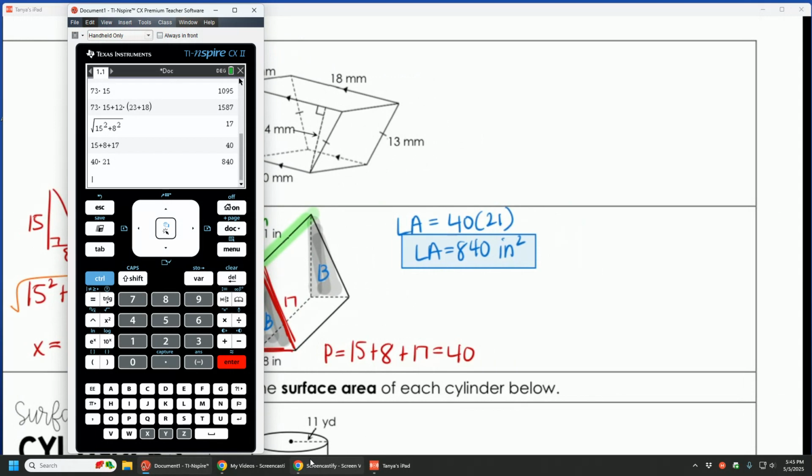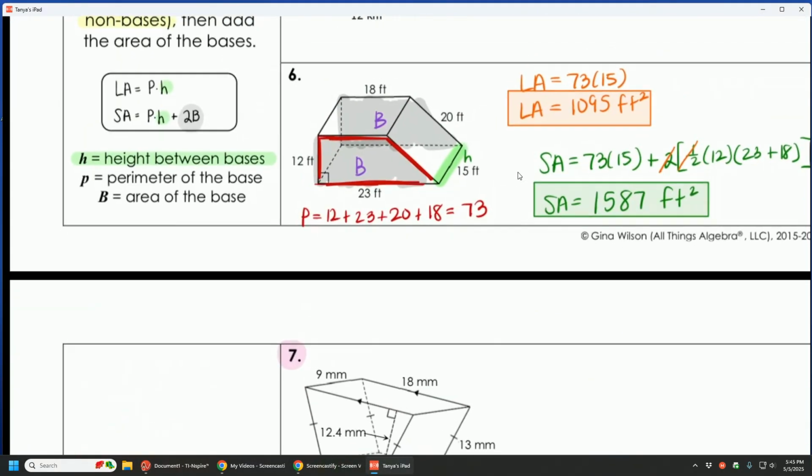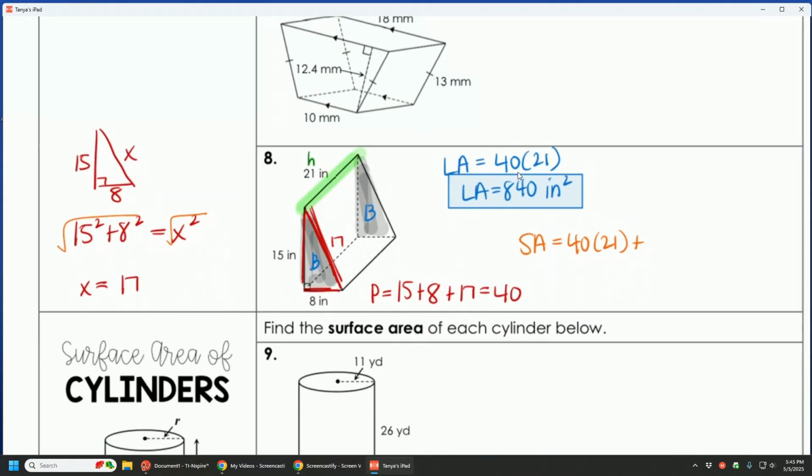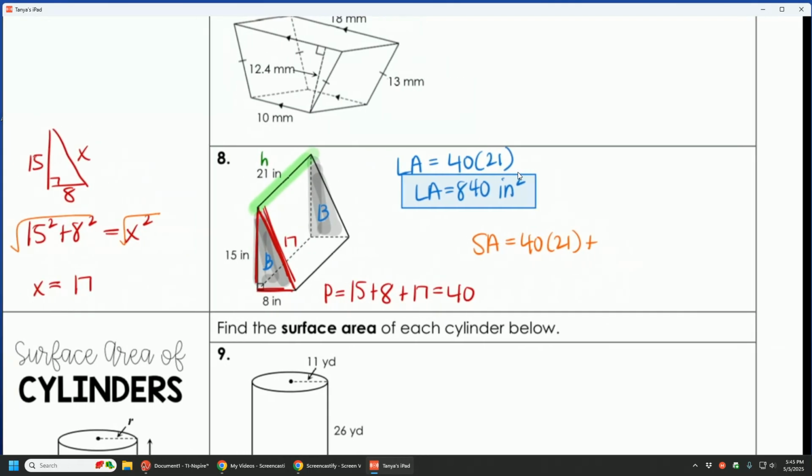Okay, and then for surface area, I want those same numbers again. So 40 times 21 plus, so I'm using those same numbers. But now it's 2 capital B. So 2 times the area of the base, which we say is a triangle. So 2. And then area of a triangle is 1/2 base times height. Whatever two numbers are perpendicular. So 15 and 8.